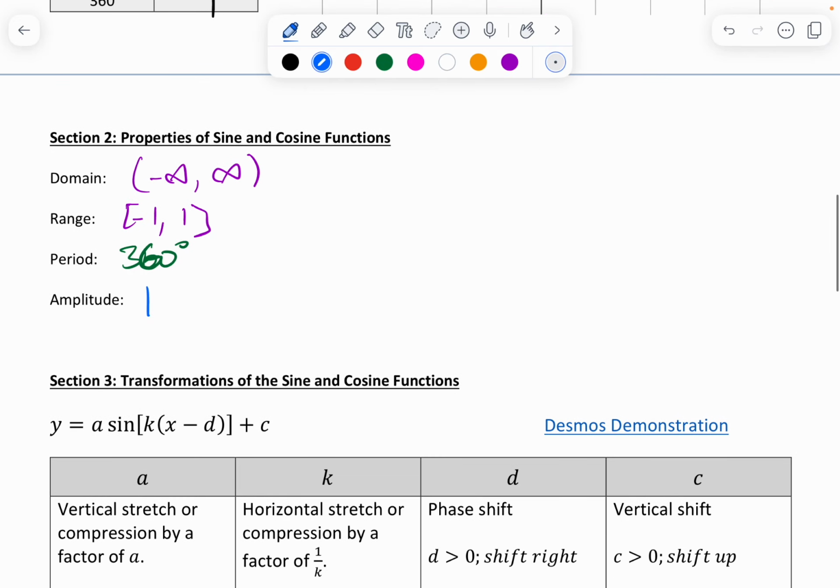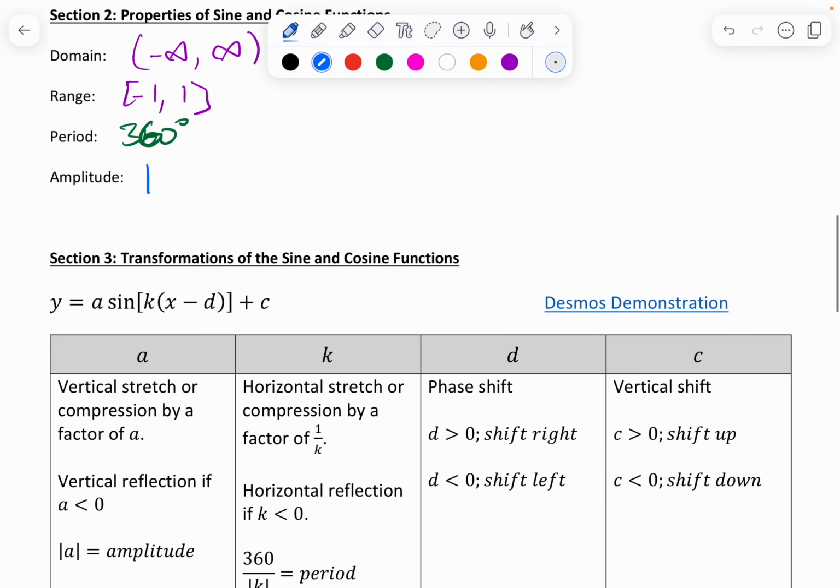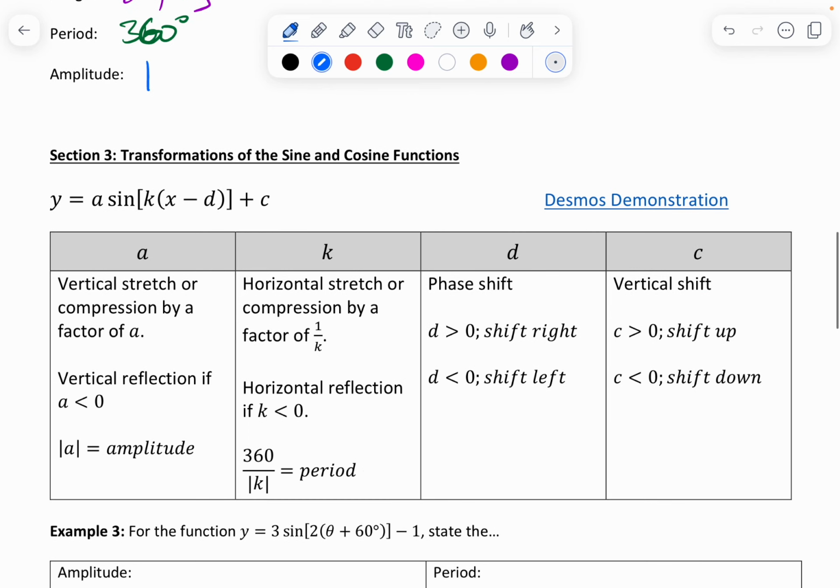Okay, so we can transform sine and cosine functions exactly the same way that we did before. We can do a phase shift, that's right or left. We can do a vertical shift, same as before. We can do a horizontal stretch and compression. The way we want to look at a stretch or compression now is how much the period gets stretched or compressed.